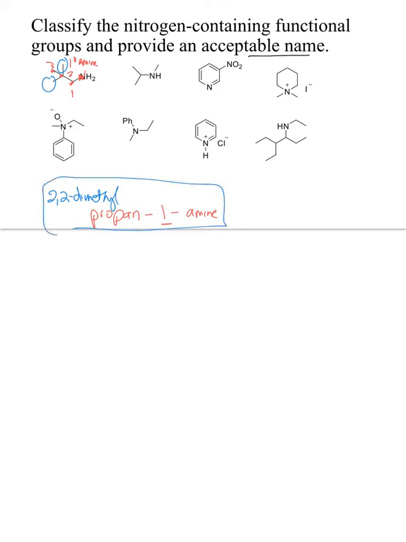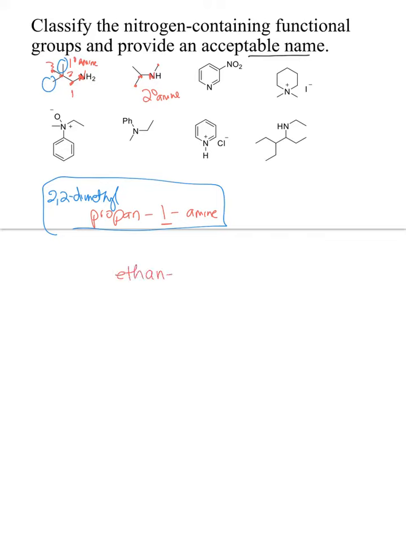The next one, you find your nitrogen and you see it has 2 carbons, so that would be a secondary amine. You find your longest chain, 1, 2, so ethane.